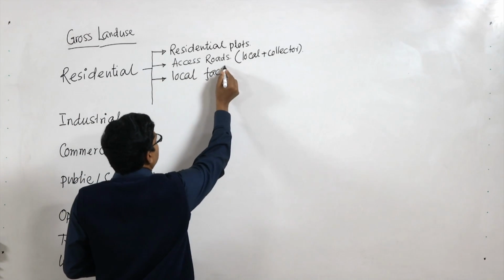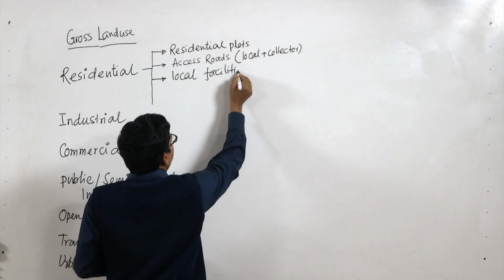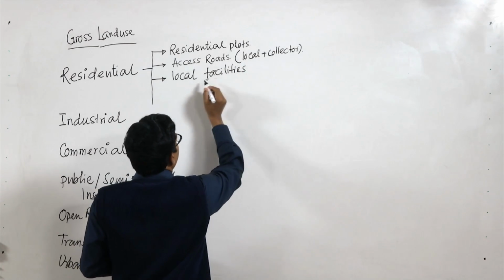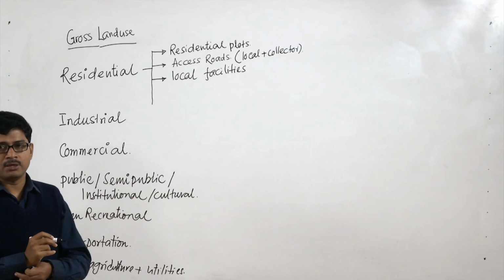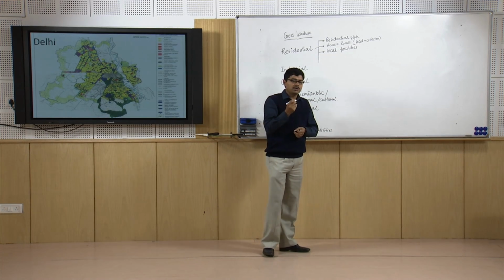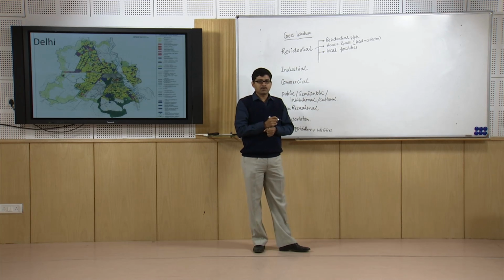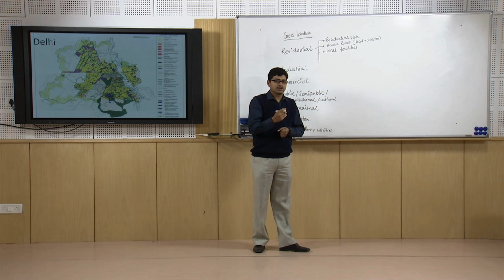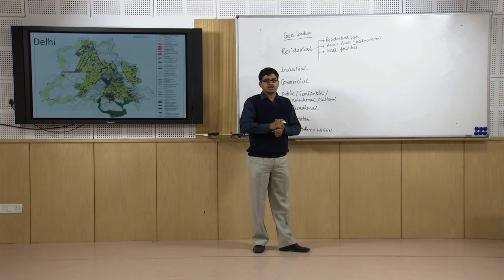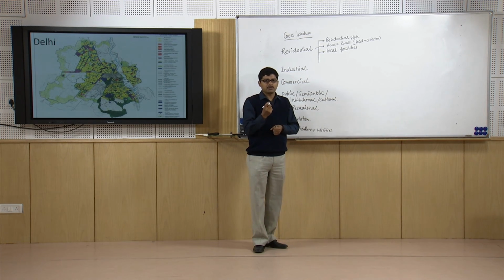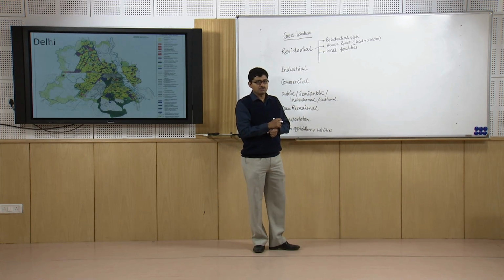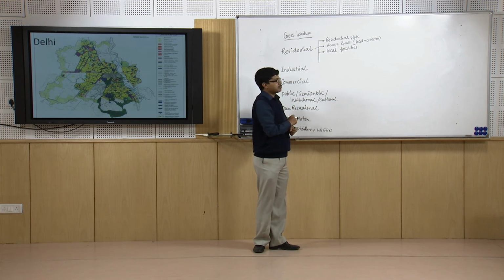Then we also add the local facilities or amenities required for a residential development. For example, convenience shops, the shops required at your cluster or neighborhood level for day to day purposes, for example a grocery shop or a vegetable shop, or this kind of small shops which you need in the vicinity of your neighborhood, are also added here.